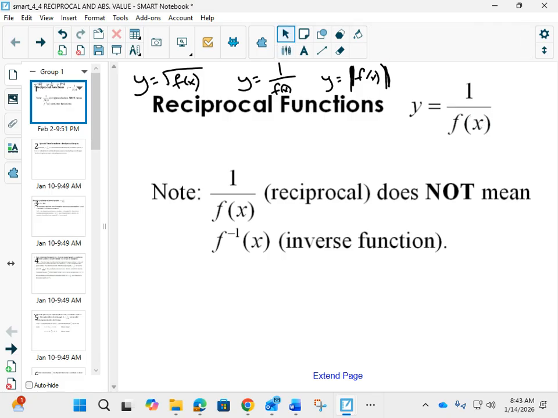And I have some extra handouts for you so that you don't have to write all of this out. But first of all, you see there in the notes that the reciprocal graph does not mean the inverse. So in functions, if you write the -1, that isn't an exponent.